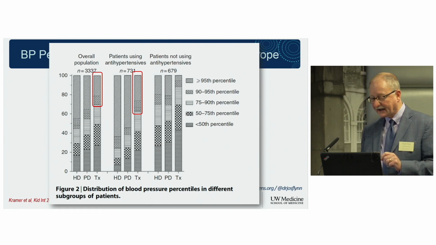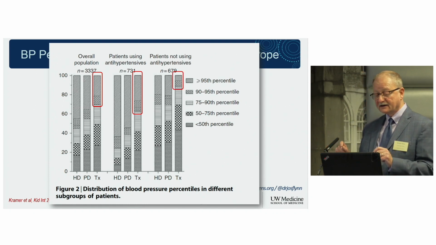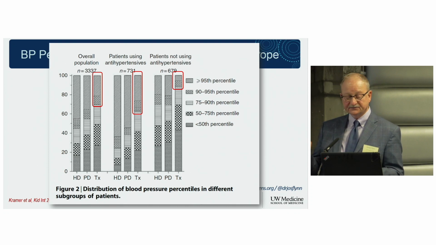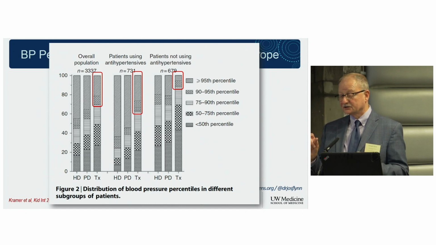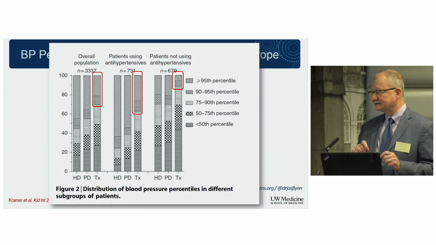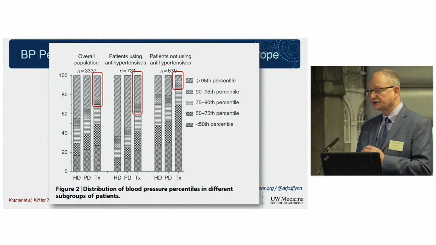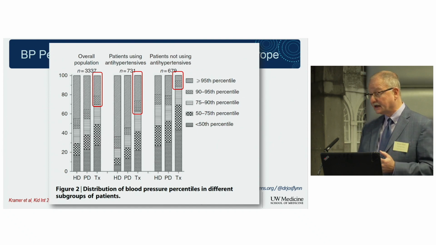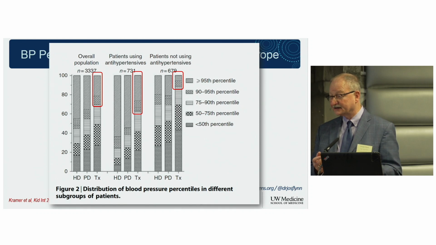And then when you look at those not on blood pressure medicines, about 15 to 20% of them have blood pressures above the 90th percentile. So just like in every other stage of chronic kidney disease, post-transplant patients frequently have high blood pressure, and frequently it's not detected, and frequently it's still high even when it's being treated.